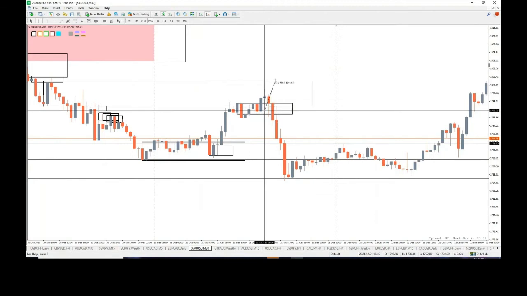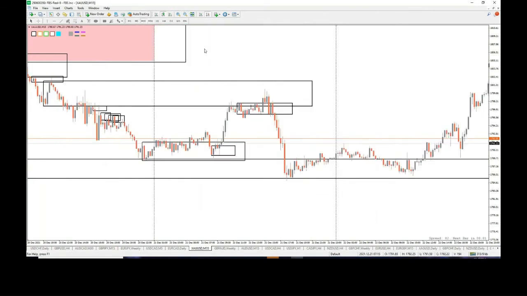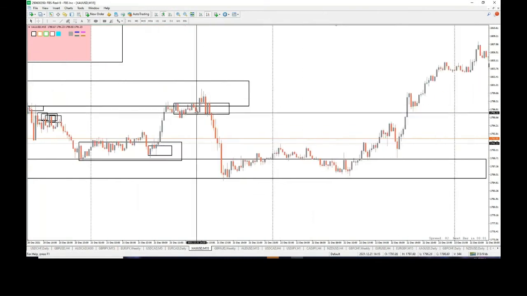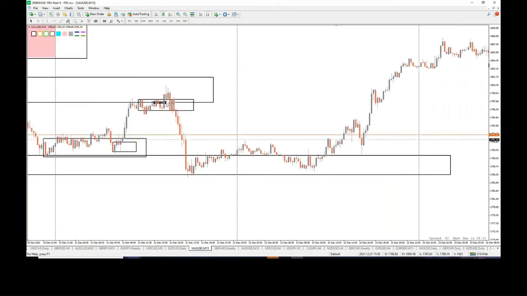Why is the price still going up? Just because inside here it's still making an engulfing buy. So we have to wait for another engulfing sell.